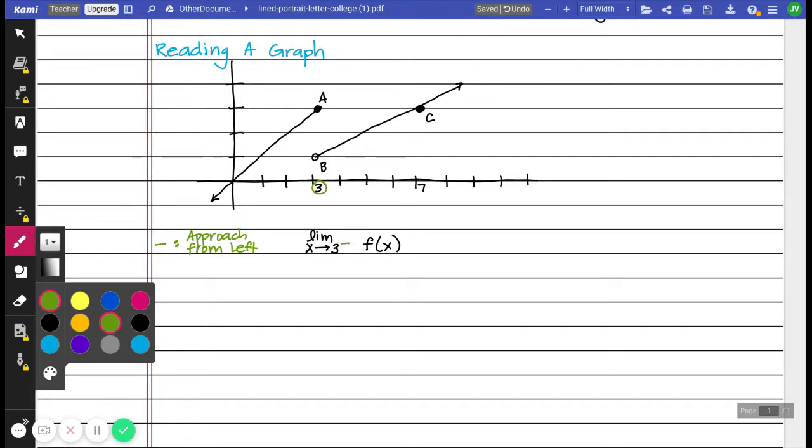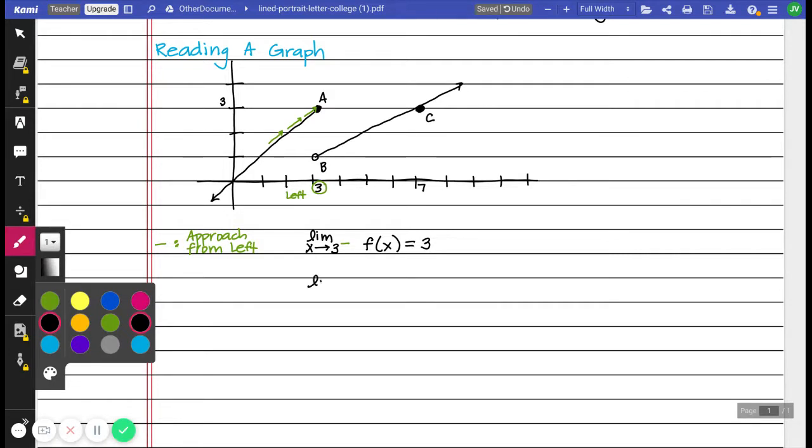The left side of 3 is over here. So I'm going to follow the graph. Here's the left side of 3. And I am going to see what is the graph doing on the left side of 3. So I am coming from the left. And I'm going to follow what the graph does. And as I come from the left, the graph is climbing up to A, which has a value of also 3. That's what happens when I approach from the left.